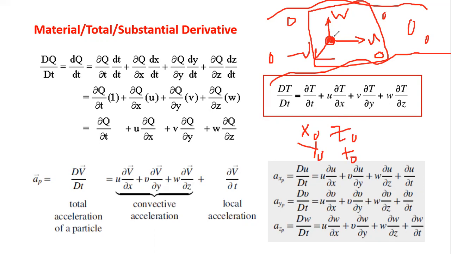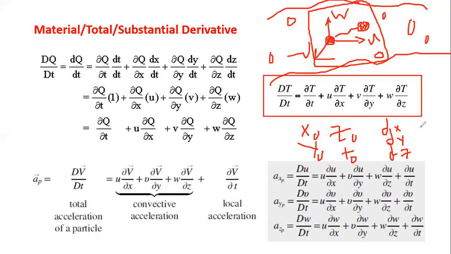After an infinitesimal distance in a certain direction, the particle is now here. So it has moved by a distance dx in the x direction, a distance dy in the y direction, a distance dz in the z direction.